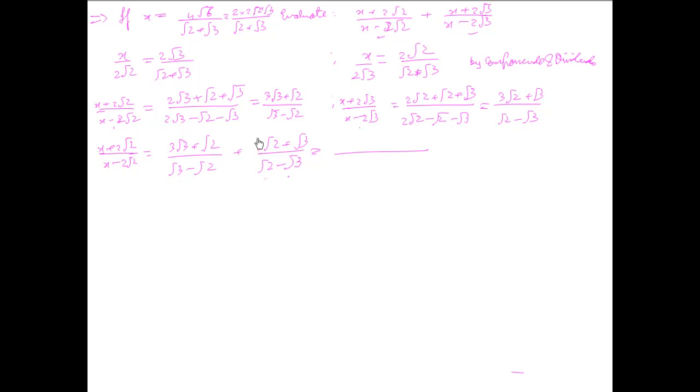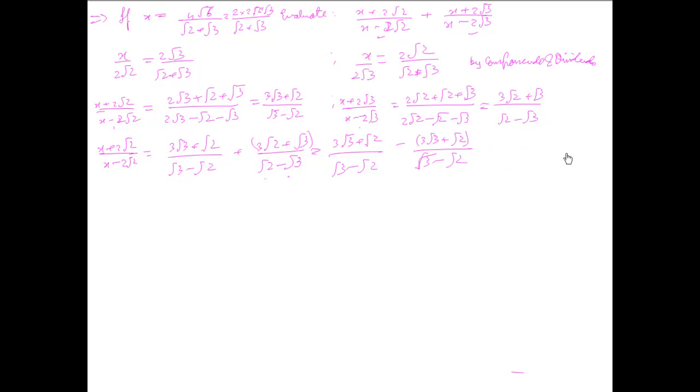We change this and make this sign minus, so that this becomes root 3 minus root 2. That's root 3 minus root 2, 3 root 3 plus root 2 minus root 3 minus root 2, 3 root 3 plus root 2.